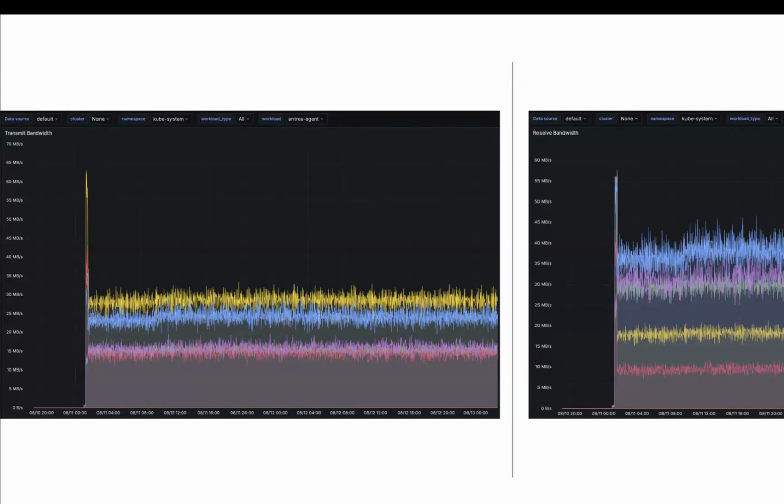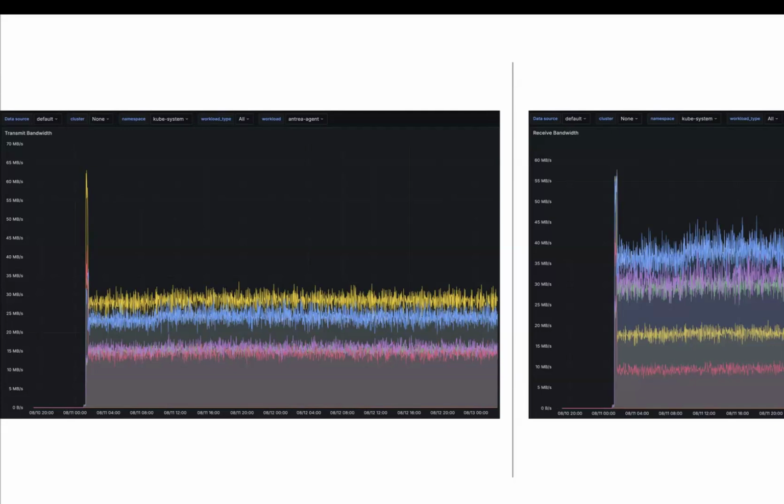So if that was the case here, we should have more than 100 MB per second here as well. We have the bandwidth through each interface in the host namespace, the node's network namespace: what the receive and transmit bandwidth is. That data we also have. So that is not the same as this one; that is bigger than this.